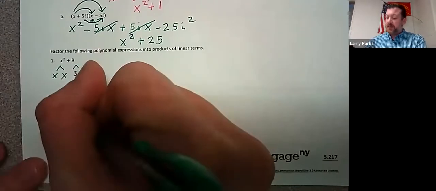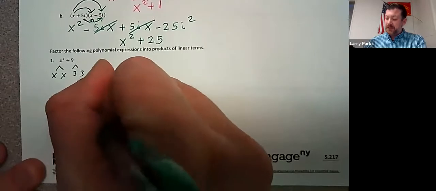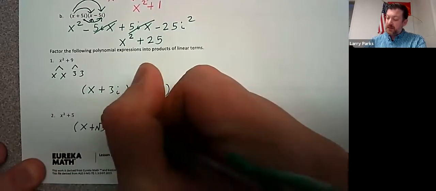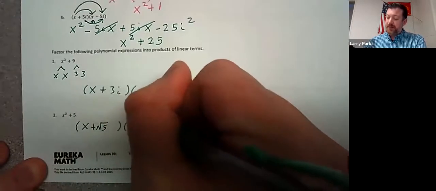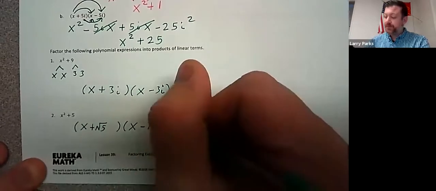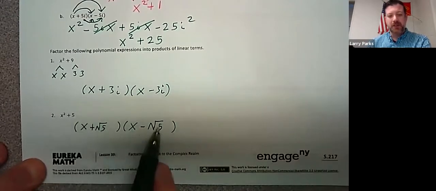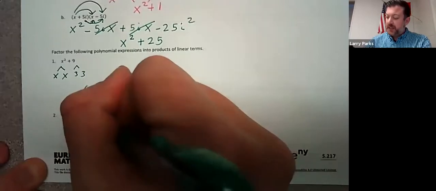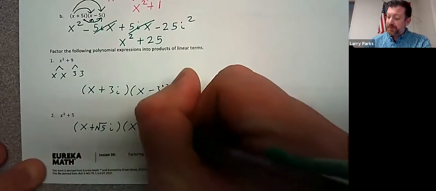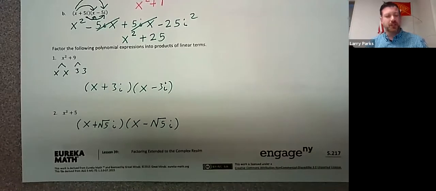So I'm going to put plus square root of 5, minus square root of 5. And because it's a plus, I am going to insert an i. That shows that those solutions are not real. They're going to produce two complex solutions.